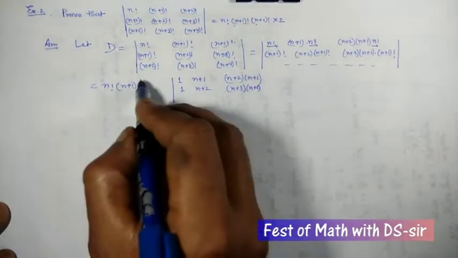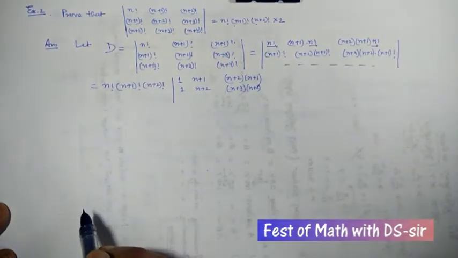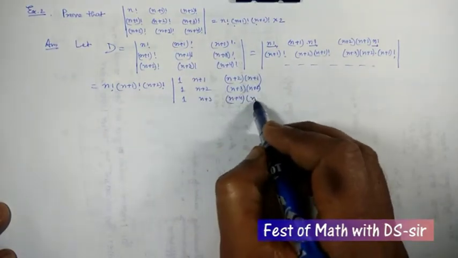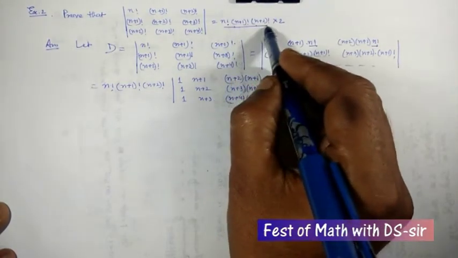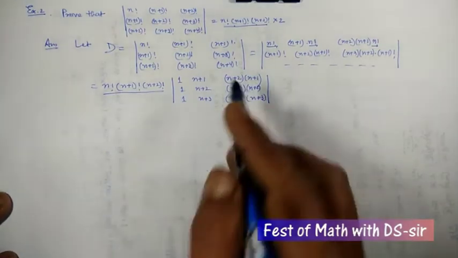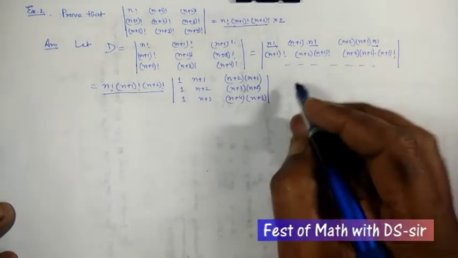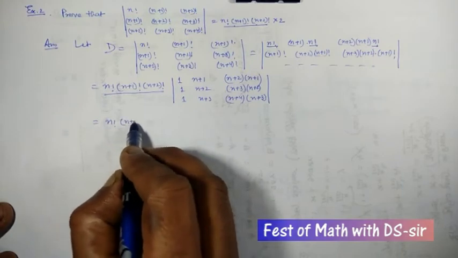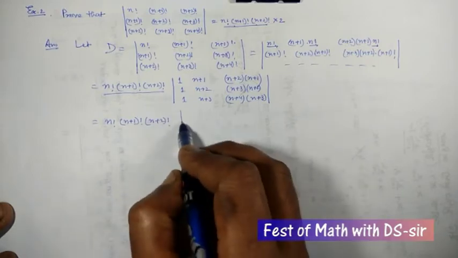And from the third, we take n plus 2 factorial common. That gives you this. So one part of the result is already achieved. We have to show that the value of this determinant is 2. Then what we do? n factorial, n plus 1 factorial into n plus 2 factorial.